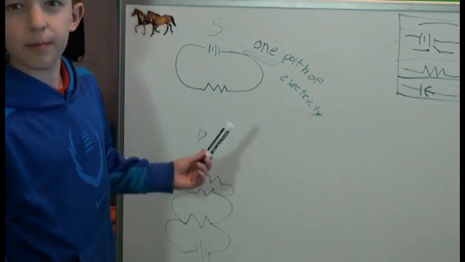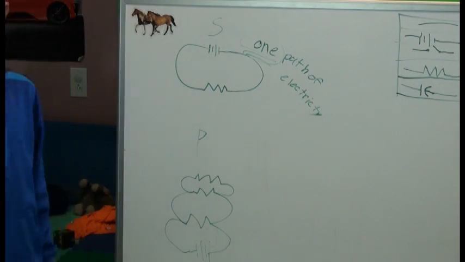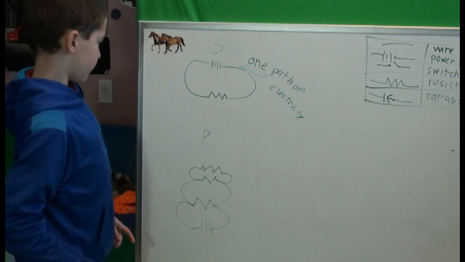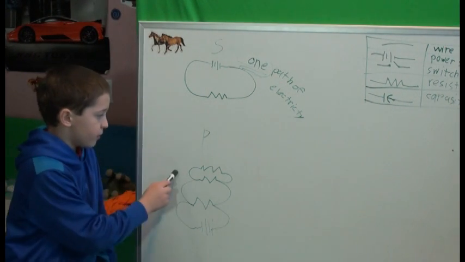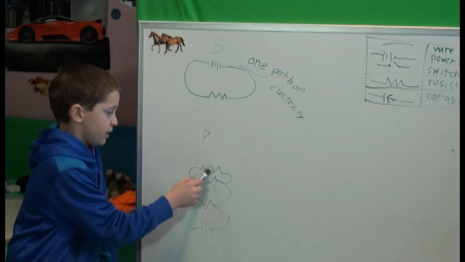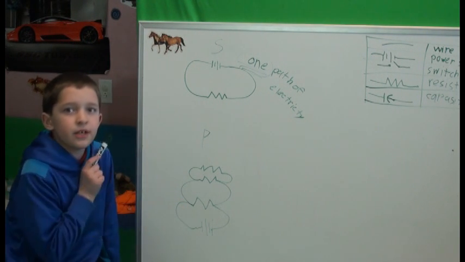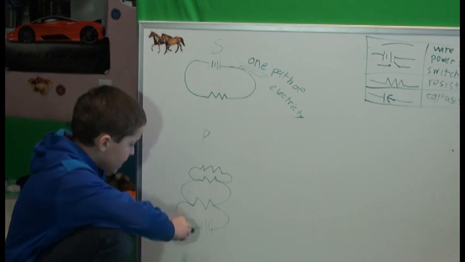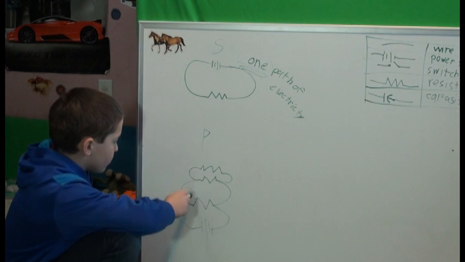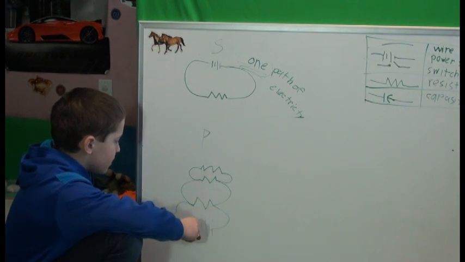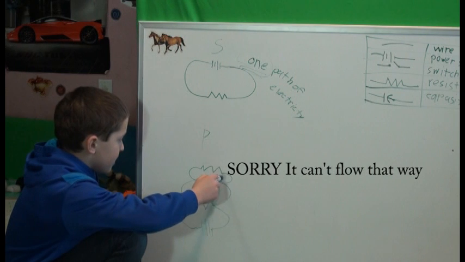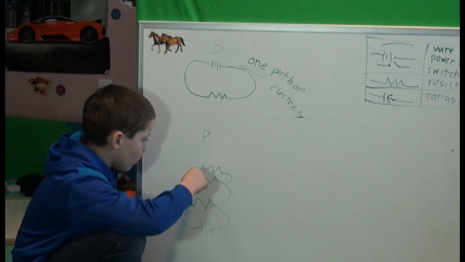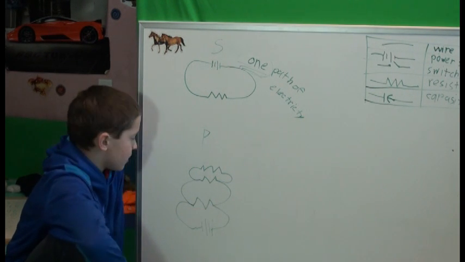Now, down here at Parallel Circuit Town, there's a difference. We have a resistor here, here, and here. For this, there's more than one path for electricity. So the electricity can go like this, or like this, or like this, because it could pass through the resistor, or it could go in that wire, and so you could have three light bulbs on at the same time.